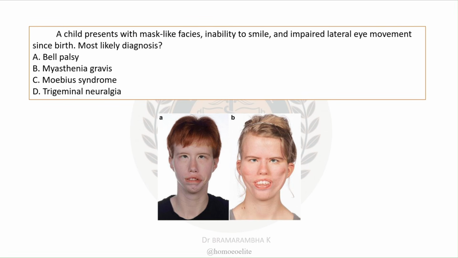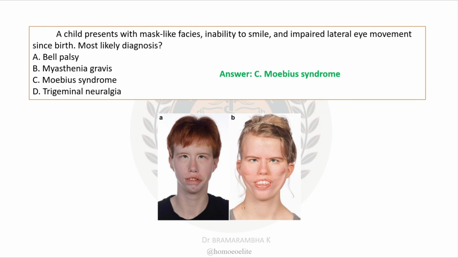This is a reference image for this condition. We already discussed trigeminal neuralgia. Myasthenia gravis we have commonly seen, and Bell's palsy as well. So the answer is Moebius syndrome.